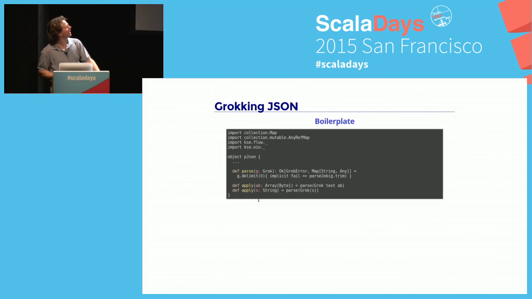And then you've got a little bit of boilerplate, a few imports. If you want to parse a byte array or a string, you've got to do Grock text byte array or just Grock of the string. Then if you are going to parse with that thing, you set it so that you will eat an arbitrary number of white space delimiters.